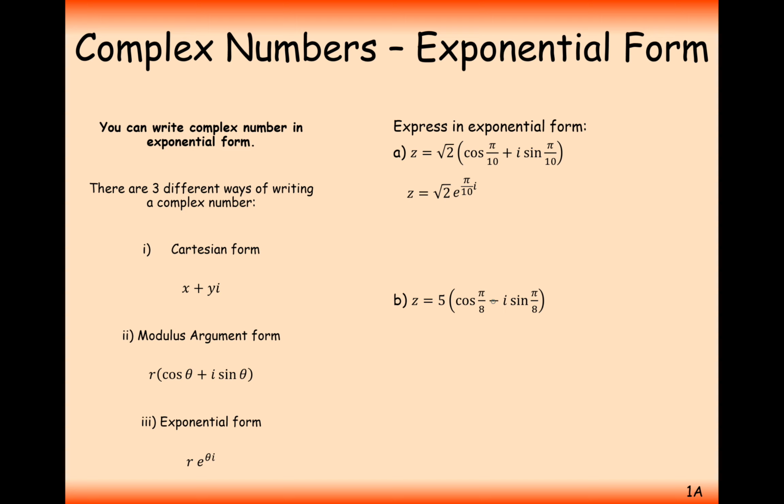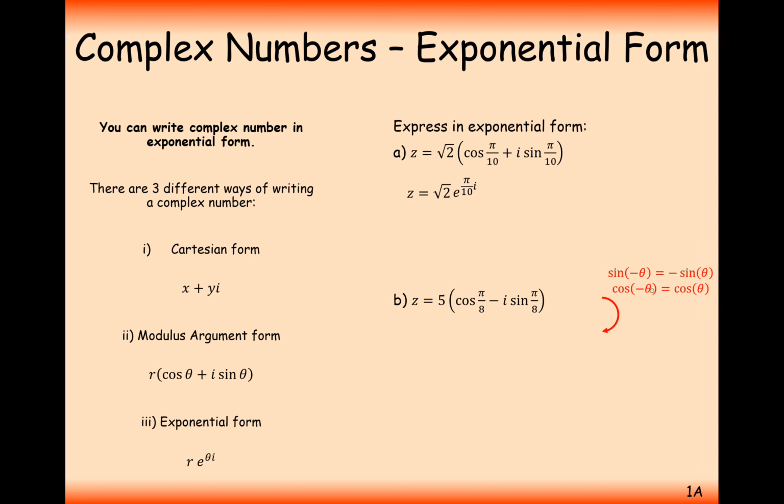Now in part B it's a little bit tricky because we have a negative symbol in the middle of cos and sine, and that's generally not correct for modulus argument form, so we have to rearrange this first. So the first thing we're going to do is use these few rules of trigonometry.